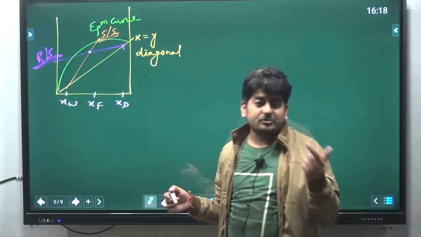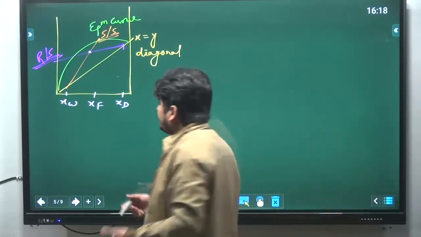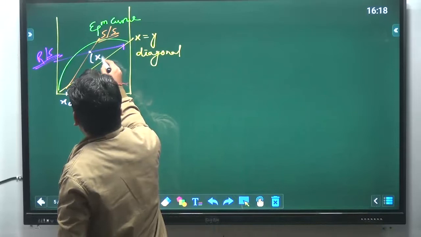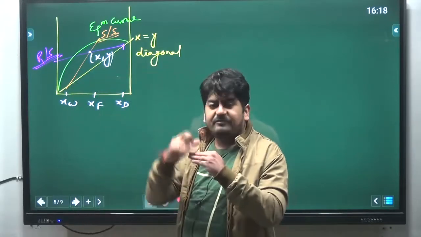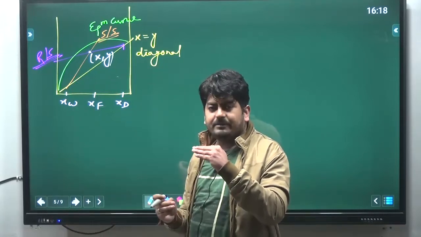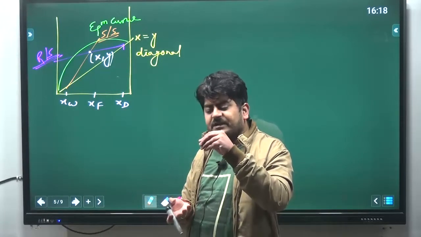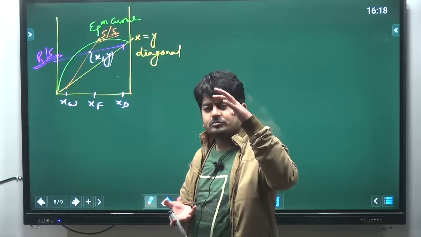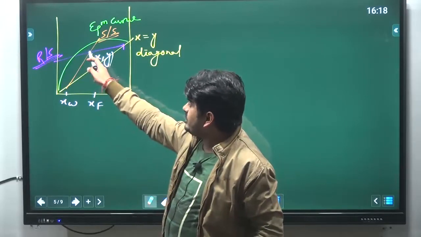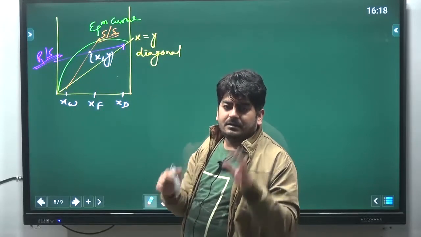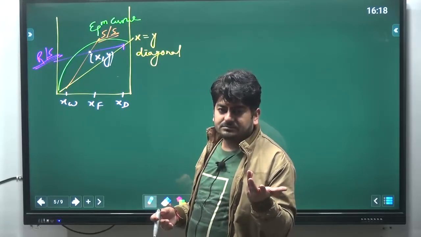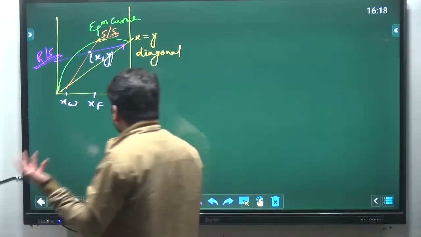Feed plate is associated with this point. Okay. And let's say this point is x comma y, because it is obvious. Above feed plate is rectifying section, below feed plate is stripping section. So feed plate will be common in these two. So the intersection point of these two stages will definitely have feed plate on it or something to do with that.